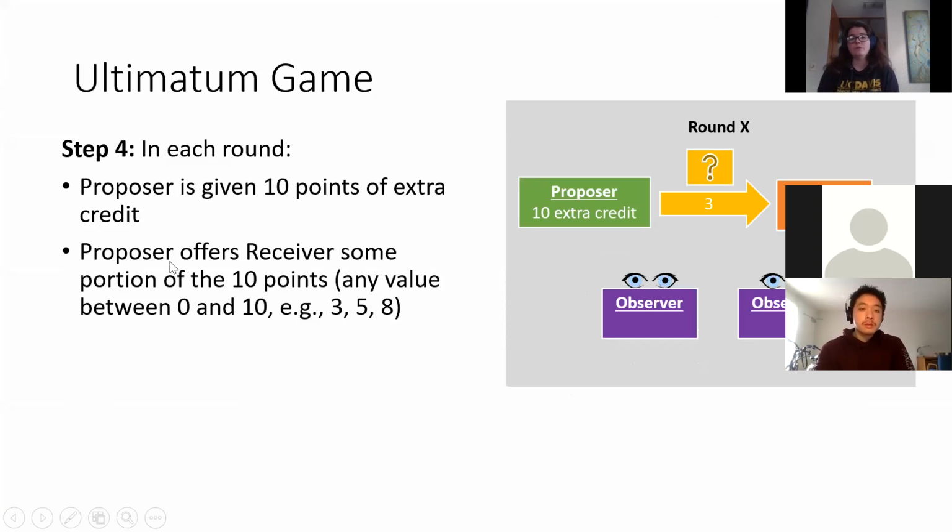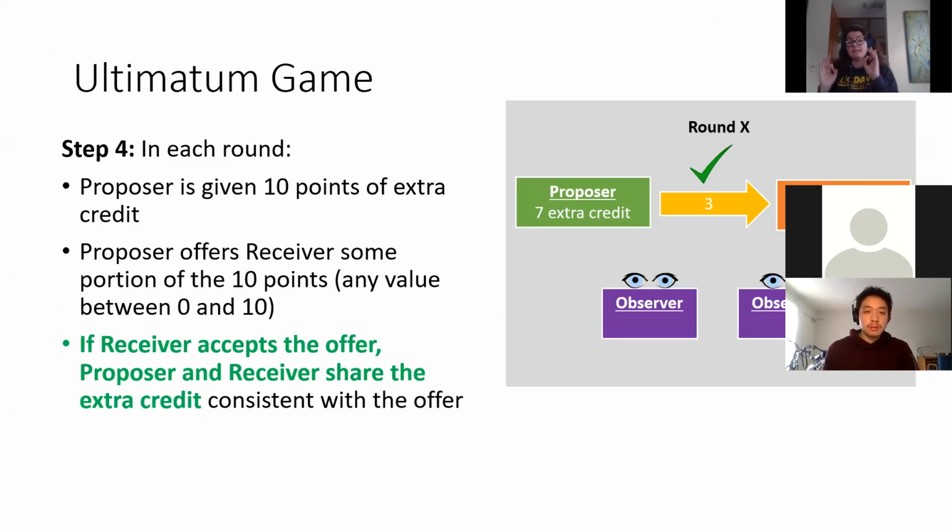Then the proposer offers the receiver some portion of the 10 points. It can be any value between 0 and 10. Presumably, the proposer wants to keep as much of the extra credit for themselves as possible. So you would think the proposer wants to offer something low. But he or she, or they, can offer anything.